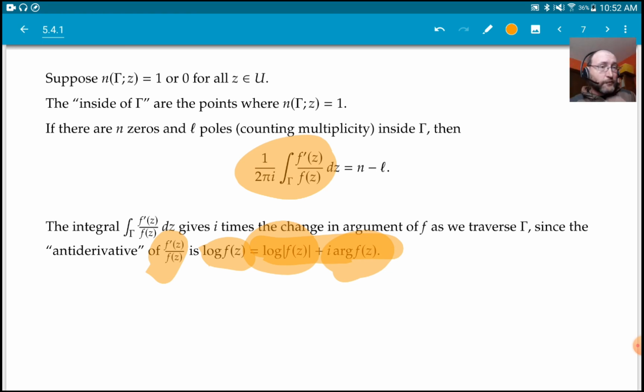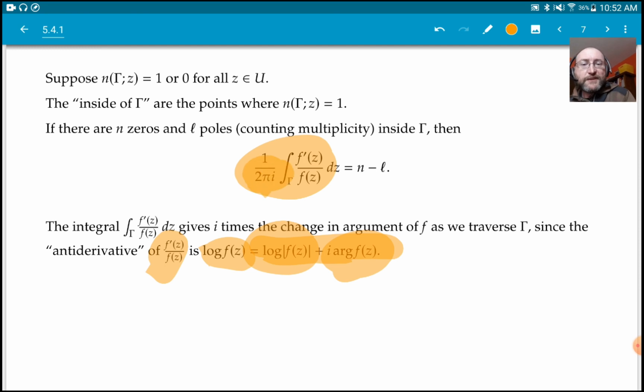We saw this before, when we started by integrating 1 over z. But now you're looking at the argument of f, not just of z. So what you're doing is looking at the change of argument as you travel around the gamma. That's why it's called the argument principle.